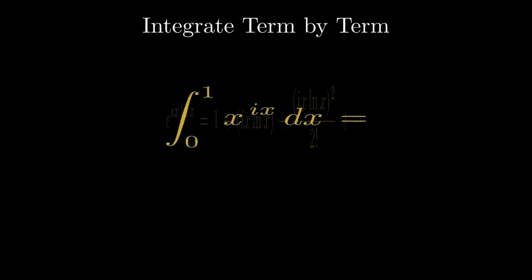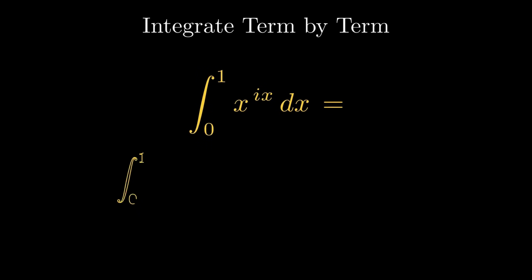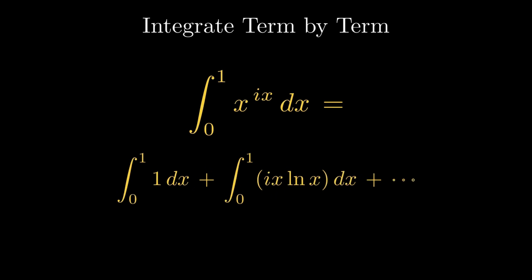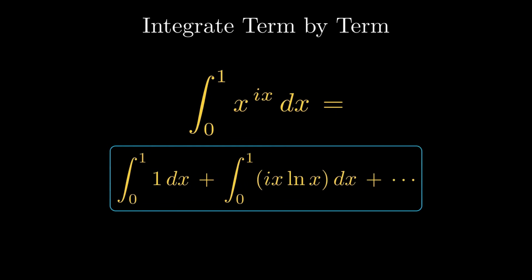Here is the payoff. The integral from 0 to 1 of x to the ix dx becomes an integral of a sum. And that means term-by-term integration: the integral of 1 plus the integral of ix ln x plus the integral of the next term, and so on.